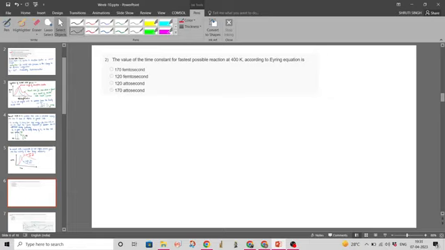So how we calculate the rate constant: the rate constant k is given by this equation, which comes from the activated complex theory.